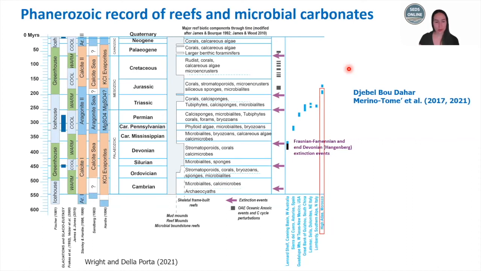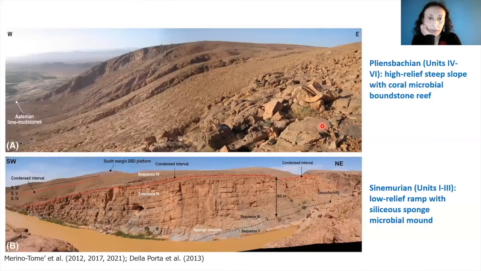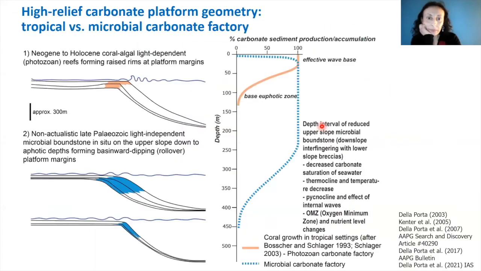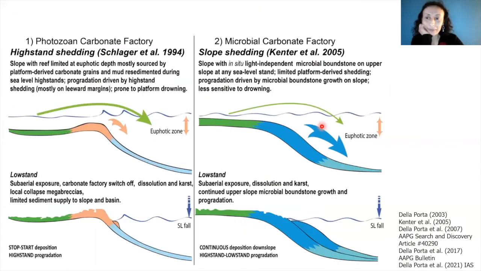So I had one more question, actually. If you want to flip to one of your last slides where you had the two comparisons of the shedding, the highstand and the lowstand. Wait, okay. This one? Yes, exactly.